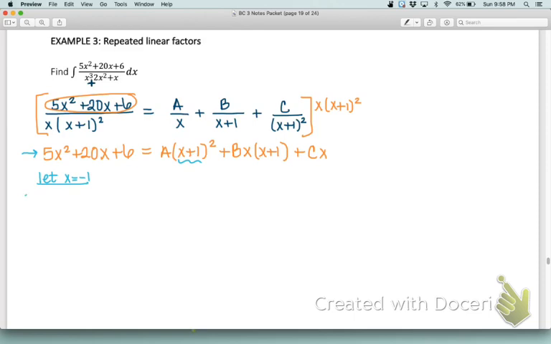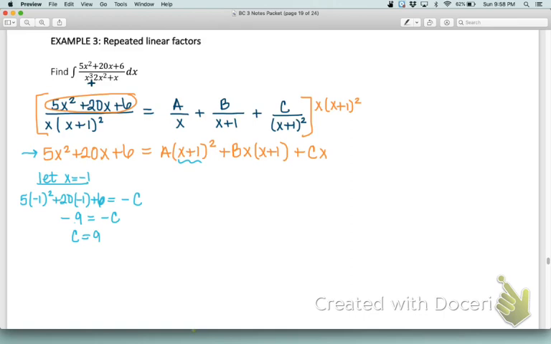So we get 5 times -1 squared plus 20 times -1 plus 6 equals, the first one zeroes out, the second one zeroes out, and we just get -C. So when we work all of that out, we get -9 equals -C. So C is equal to 9.